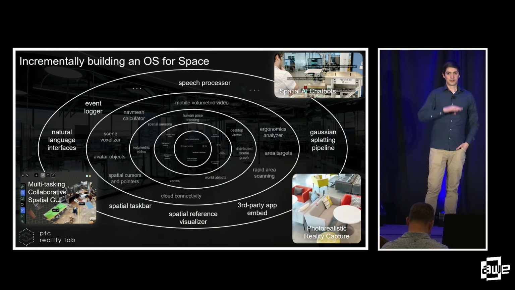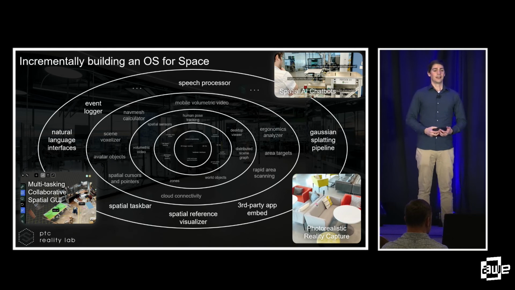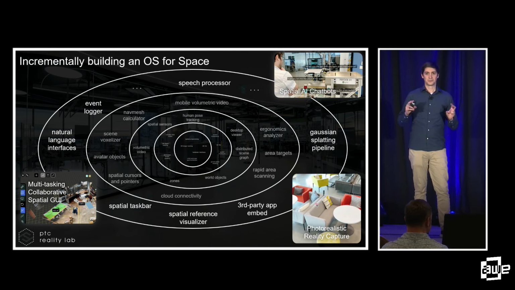And so this is pretty much where we are now. We have built out iteratively a platform that we have tested and retested with demo after demo and experiment after experiment. And I think the term operating system is kind of a lofty goal, and maybe I'm stretching the definition of that a little bit.